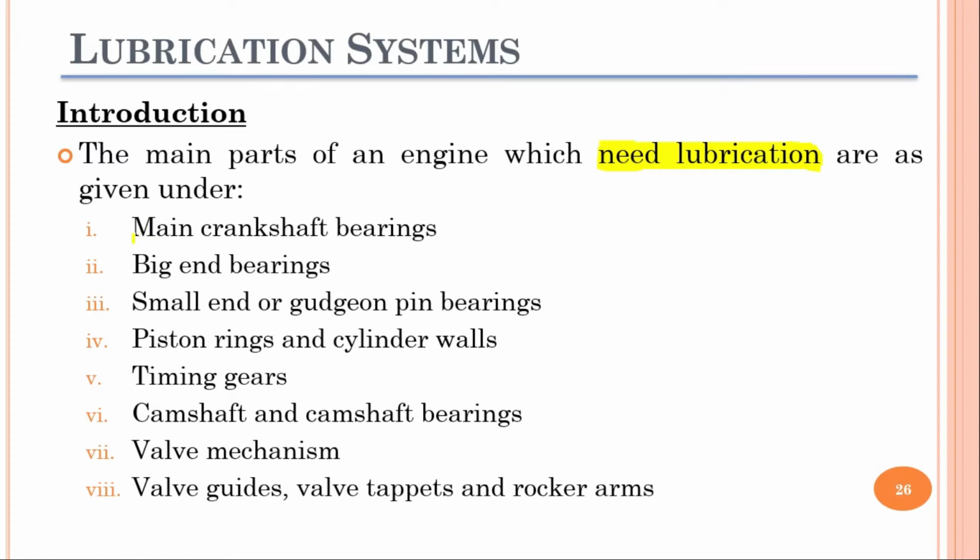So the following components are the main crankshaft bearings. In the IC engine we do not have bearings like a roller bearing or a cylinder bearing, but we have journal bearings in our IC engine. I will show you how these journal bearings look. Similarly, we have the big end bearing and the small end bearing.